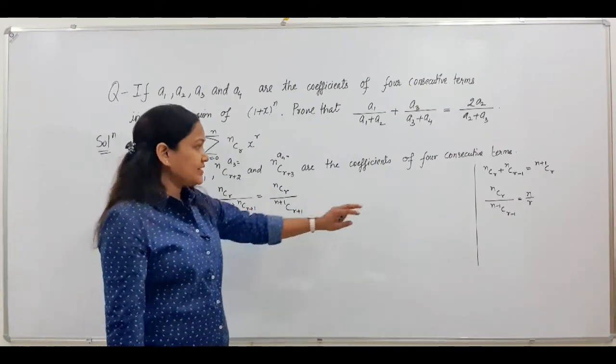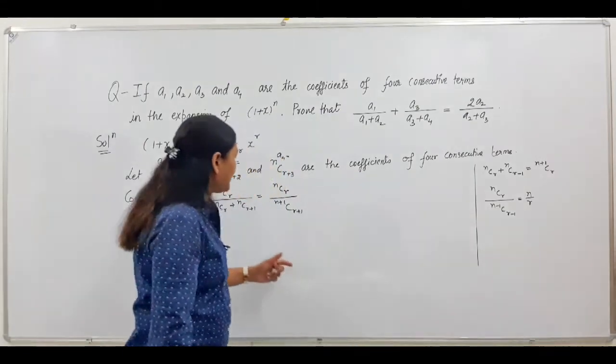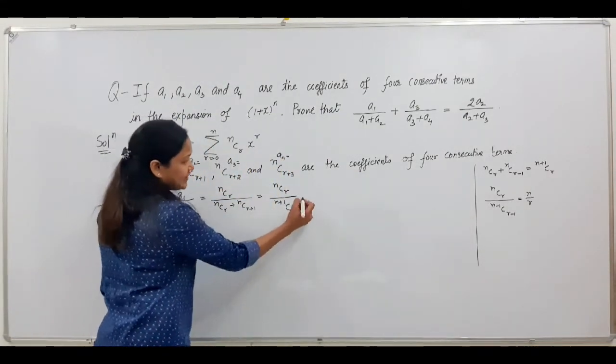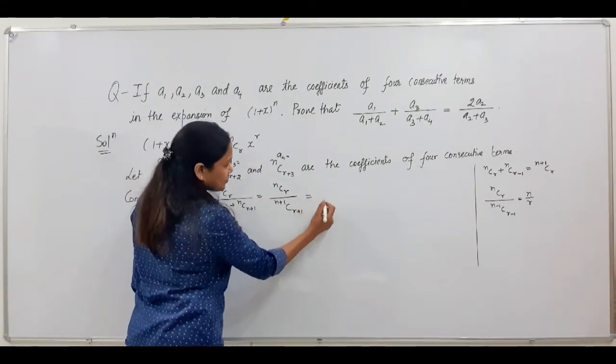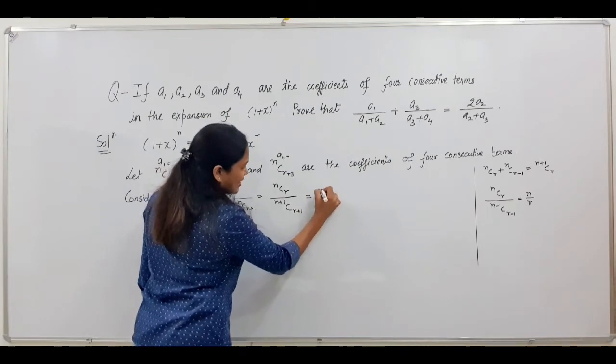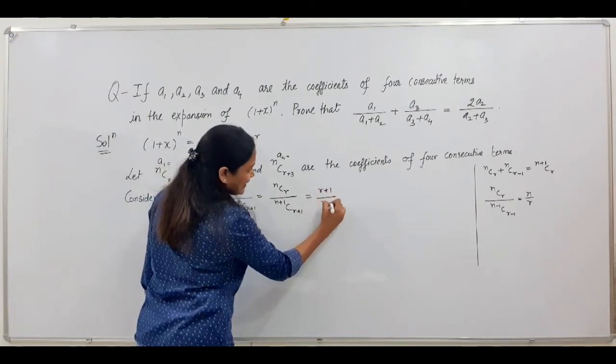And using second formula, if you reciprocate it, this will be equals to (r plus 1) upon (n plus 1).